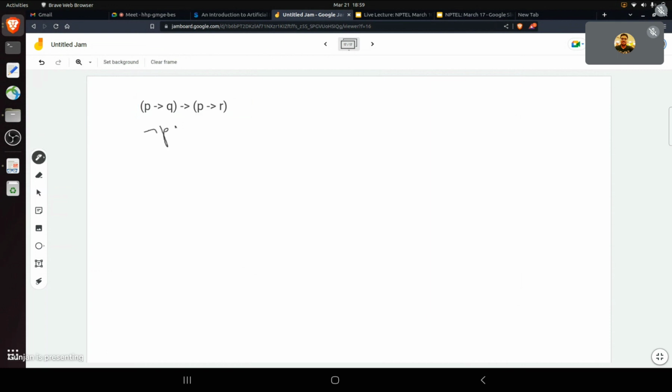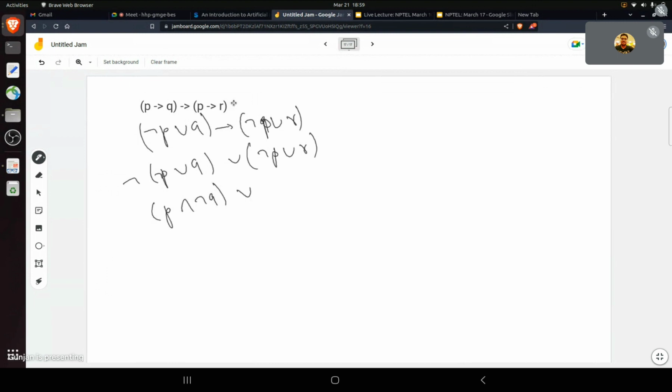we will get not P or Q implies not Q, not P or R. Okay. Then we will get not of not P or Q, or not P or R. Then we will get P and not Q, or not P or R. Now we will take this and distribute this over this or.